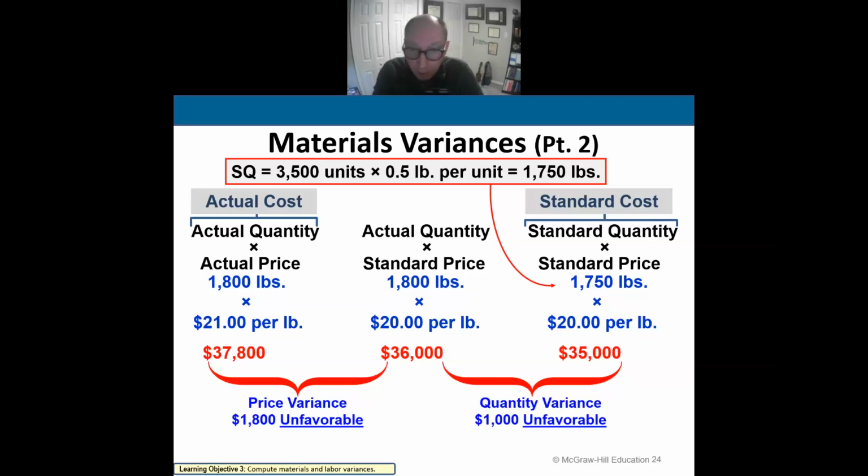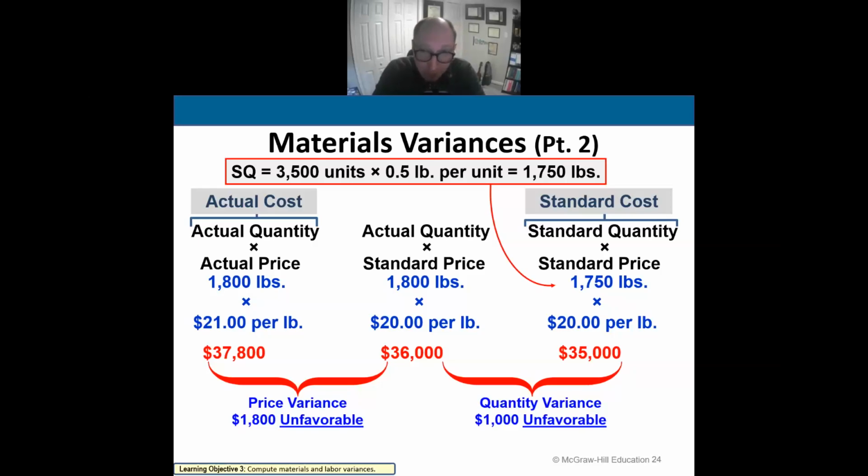What about the quantity variance? Well, remember, I got 50 pounds more than what I normally get. So I take the actual quantity at the standard price, 36,000, minus the standard, 35,000. My quantity variance is $1,000 unfavorable.